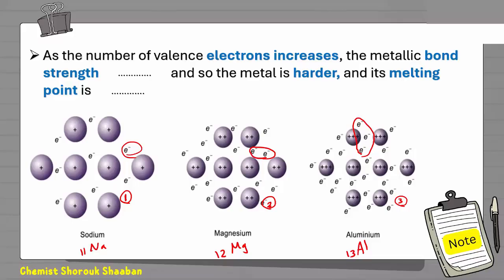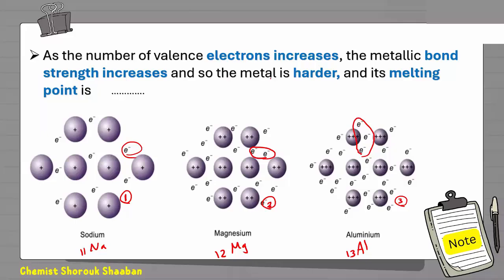Of course, yes, because electrons are the reason why ions are attracted. So if I have more electrons, it means more attraction, and so the metallic bond strength will be higher, increasing more and more with the valence electrons.